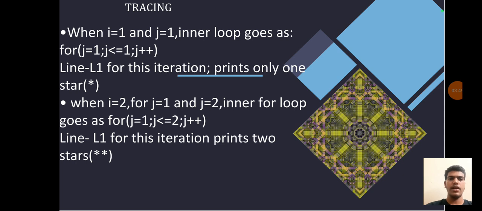Then the next, when i is equals to 2, j is equals to 1 and j is equals to 2, the inner for loop goes as for j equals 1, j is lesser than or equals to 2, and j increments. For this iteration, what does it print? It prints 2 stars.